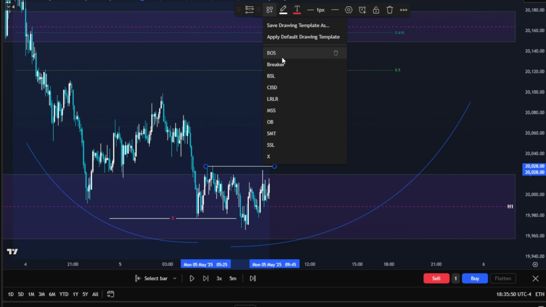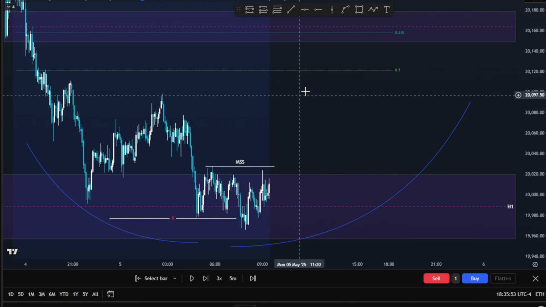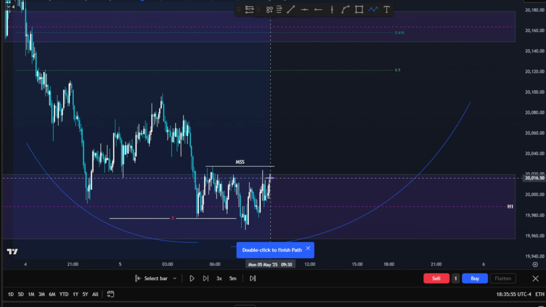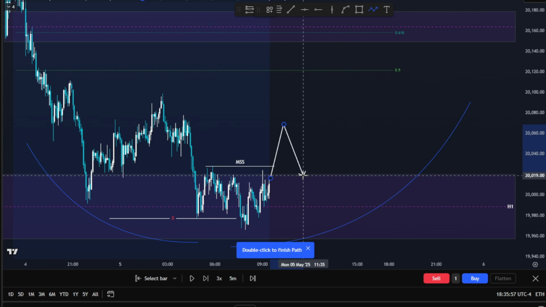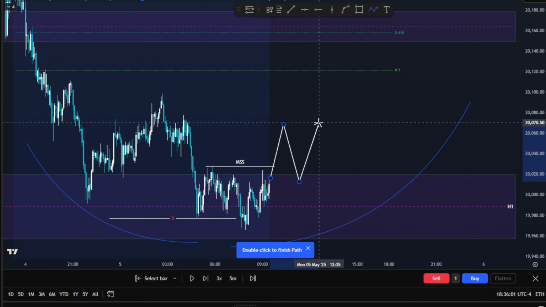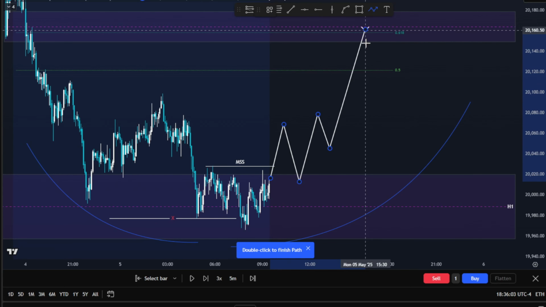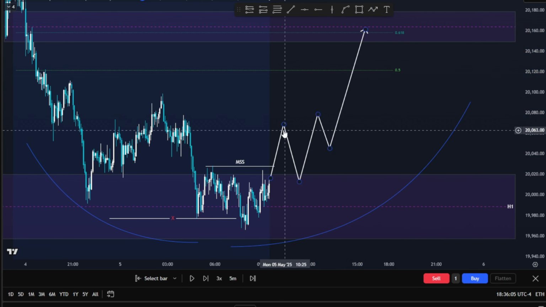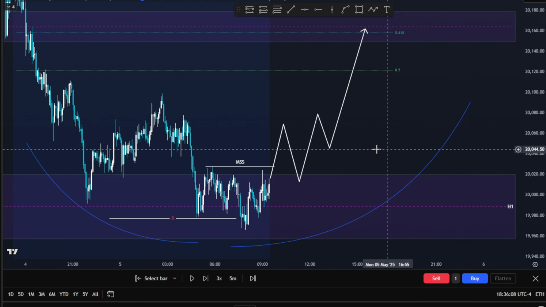I want to see some sort of market structure shift at this level. Once the price breaks above here, I want to see a pullback into the zone or some sort of PD array, and then I want to look for entry all the way back here. This is essentially what I want to look for in the trade itself.